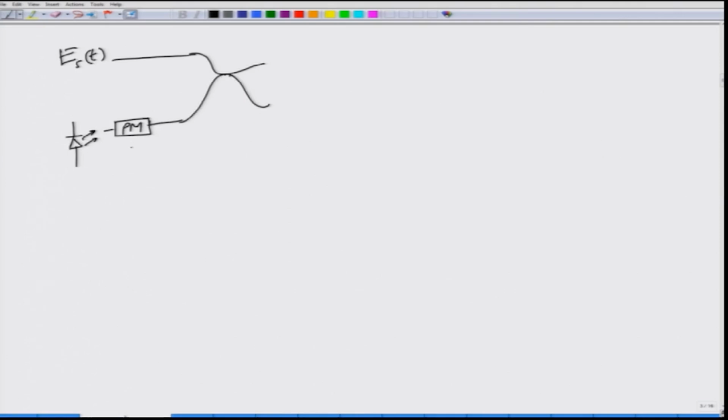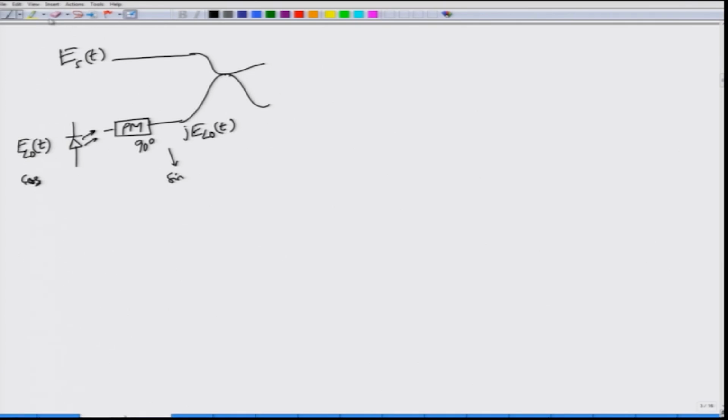I set the phase modulator such that it provides a 90° phase, which means that instead of ELO of t going into the coupler, what you get is jELO of t. So, if ELO is a cos signal here, after phase modulation this becomes sine. Now, you compare your incoming signal with sine and then you will be able to extract it.